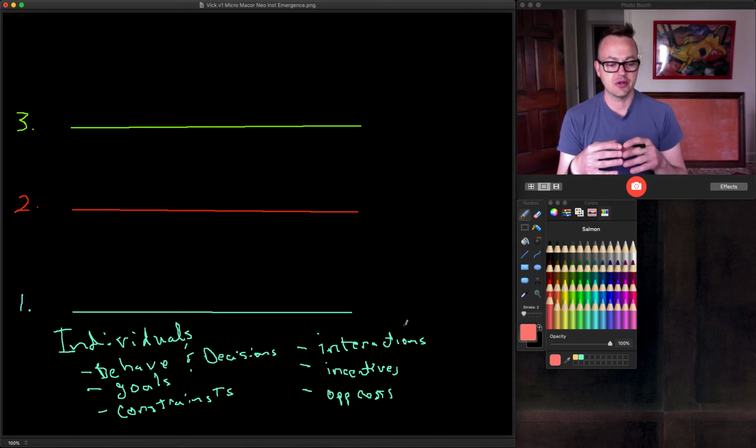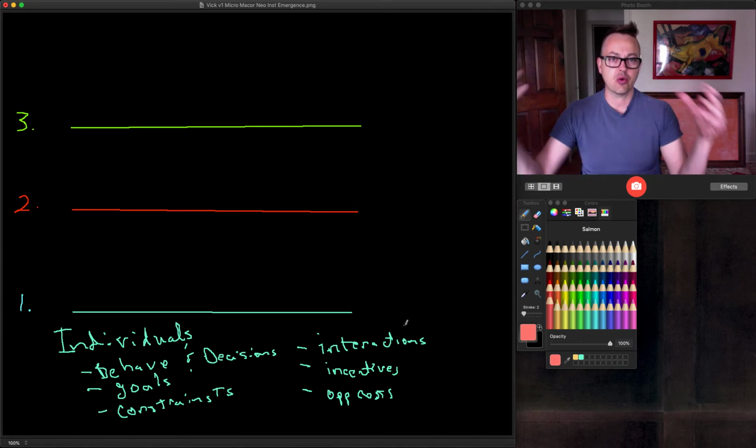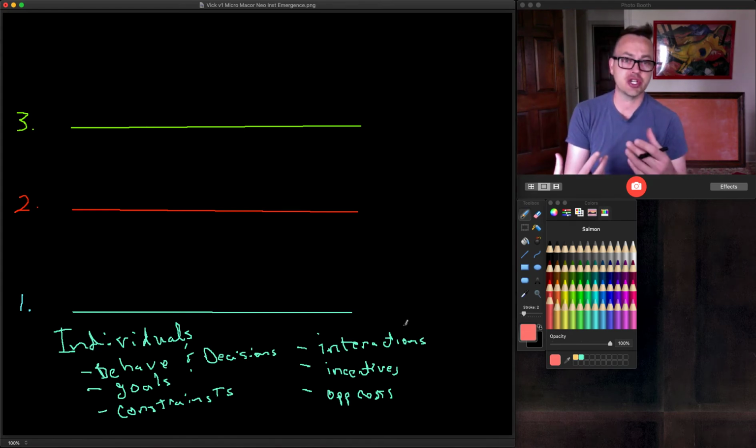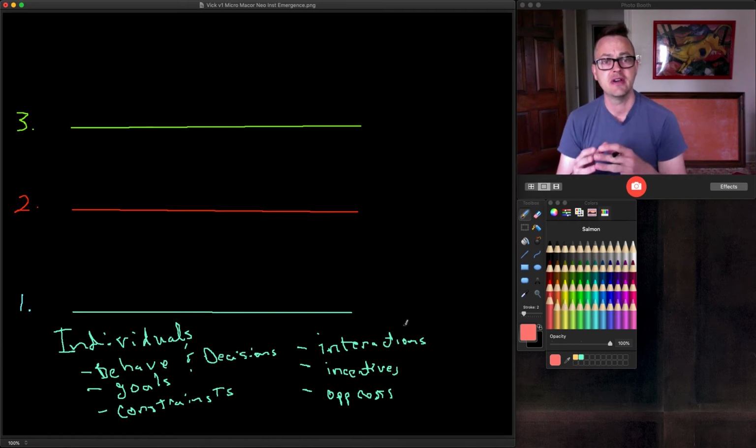And you have this higher order phenomenon that occurs based on the individuals, but it's different from it. This is an idea that a higher order collection of information, of behaviors, is not just individual in itself. It kind of takes its own form. This is the idea of emergence.